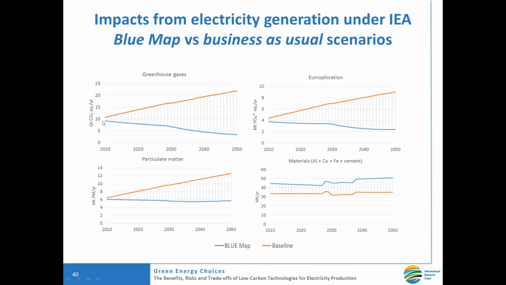And what we can see, as expected and hoped for, is of course a dramatic reduction of greenhouse gas emissions with the Blue Map scenario compared to a continued increase with the baseline scenario.